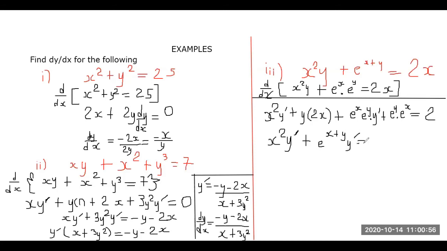That's going to be equal to 2 minus 2xy and then we need to subtract again e to the x plus y.